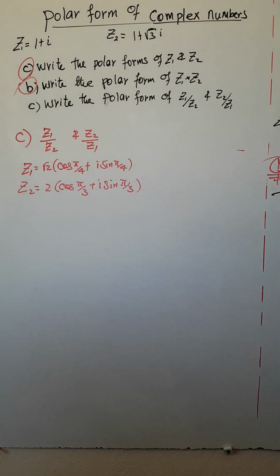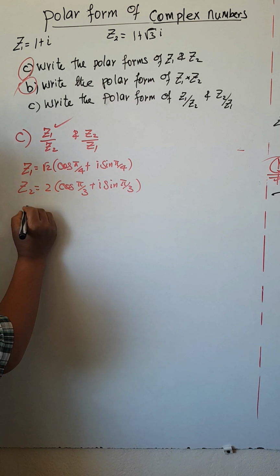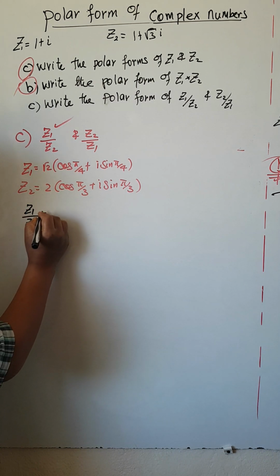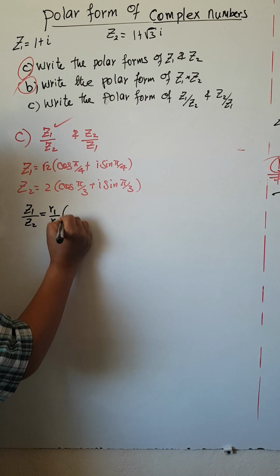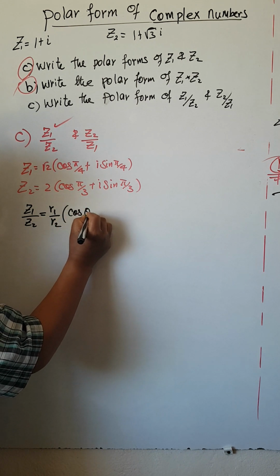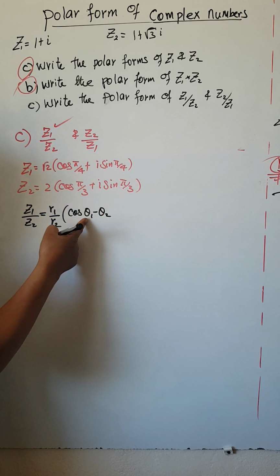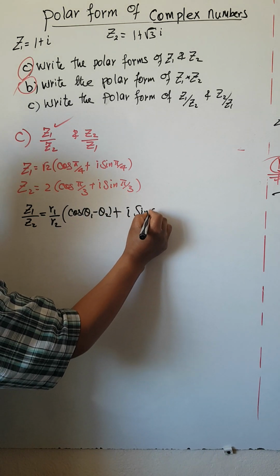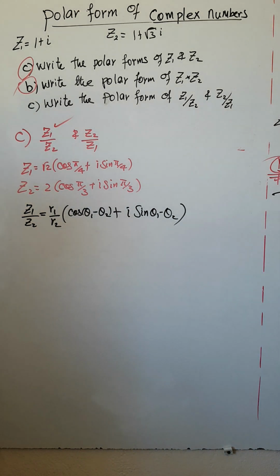In our case, z1 over z2 is equal to r1 over r2 times cosine of theta1 minus theta2, because z1 appears first, plus i times sine of theta1 minus theta2.